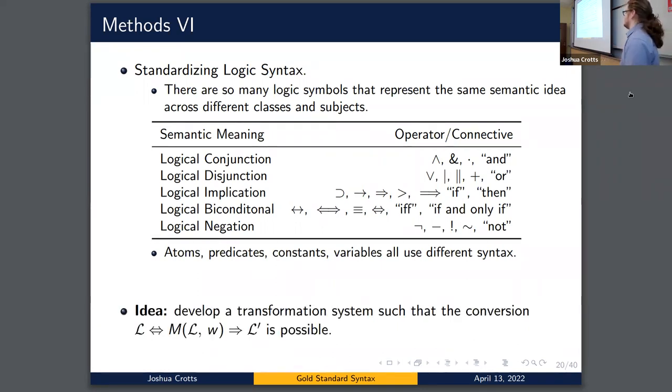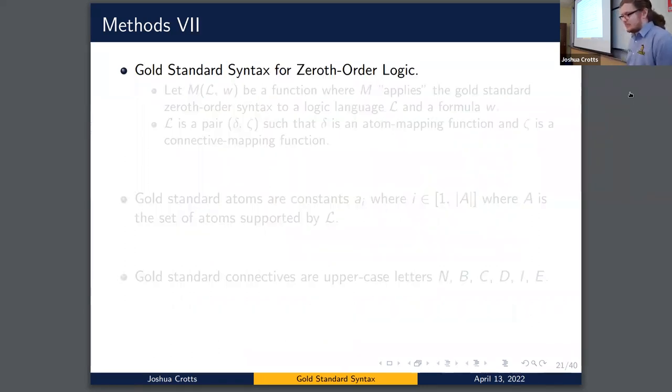So what do we want to do? We wanted to create a way to go from one logic language, which we defined as L, to this gold standard, which we'll define on the next slide, to another language, which we'll call L prime.